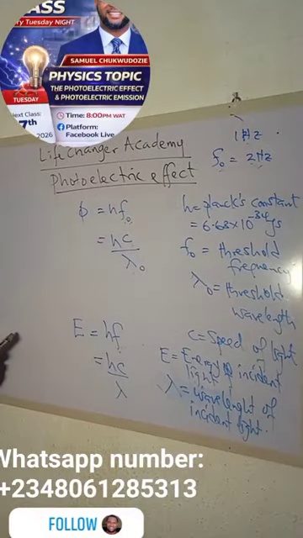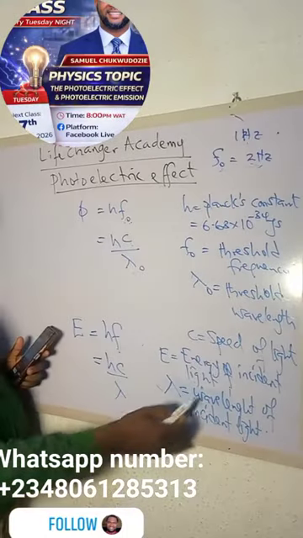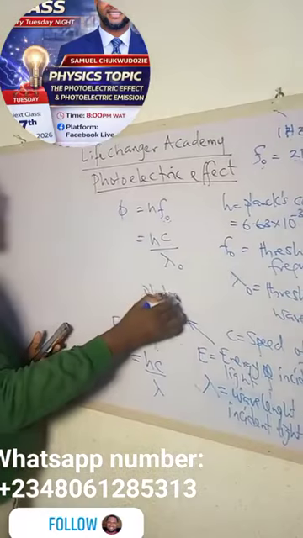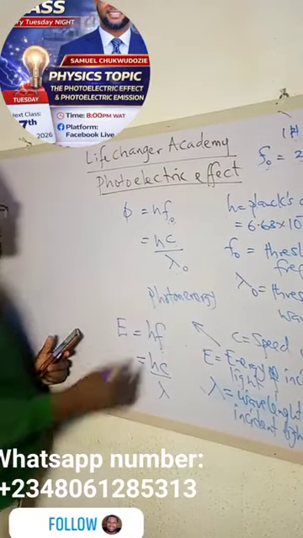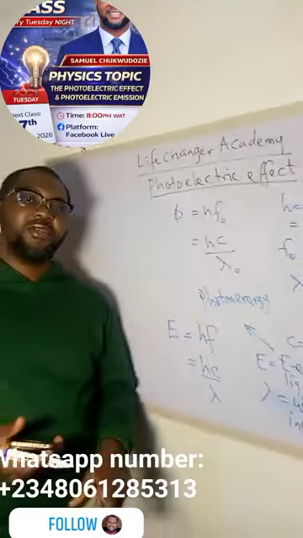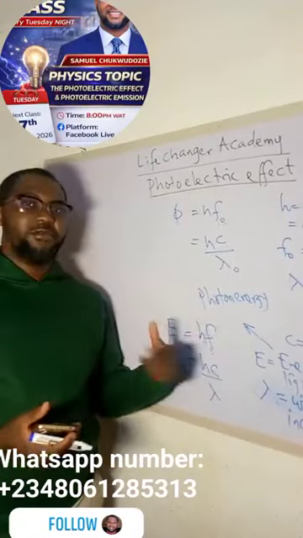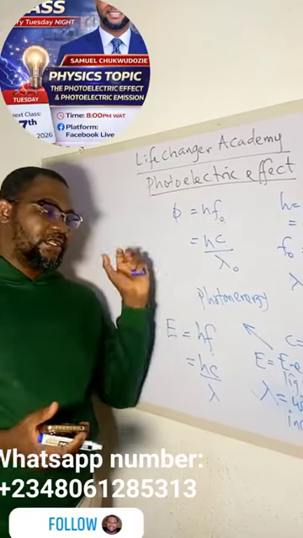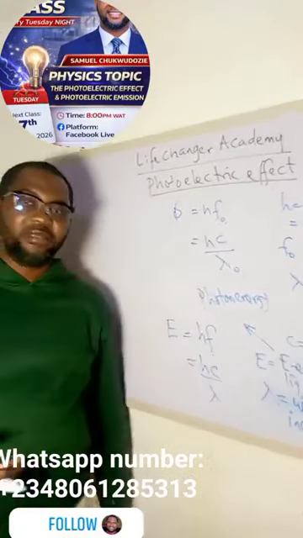Let me also say that this energy of incident light can also be called photon energy. Sometimes you're going to see me interchange photon and light. So when I say light energy, I can also say photon energy, the energy of the light that falls on the metal.